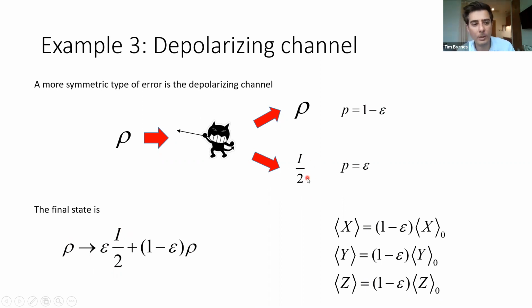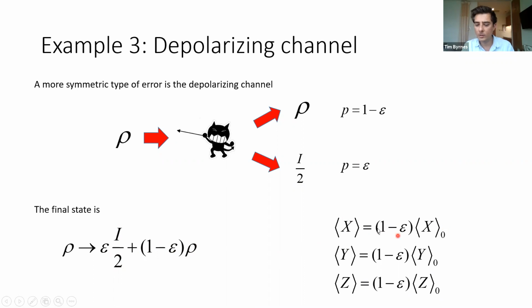We're doing a qubit, by the way. Sorry, I forgot to write this somewhere. It's a qubit because of the 2 here. And 1 minus epsilon times rho. So it's pretty easy to calculate, for example, expectation values of this state.